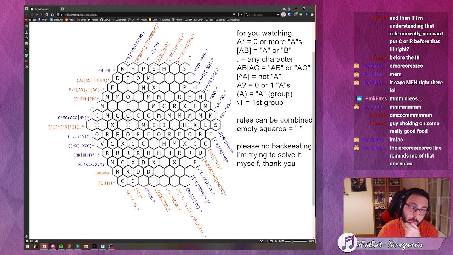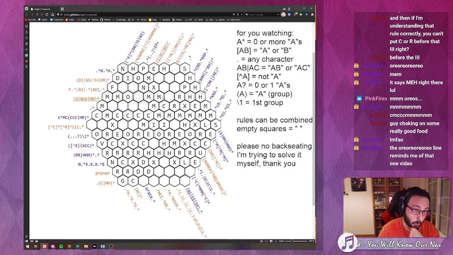Do I know any of these? E. So this could be an E. It could also be an R. This one has to be O, R, or R. No, there's an O here. So realistically, this also has to be an O? No, if there's an M here, there could be an M here.